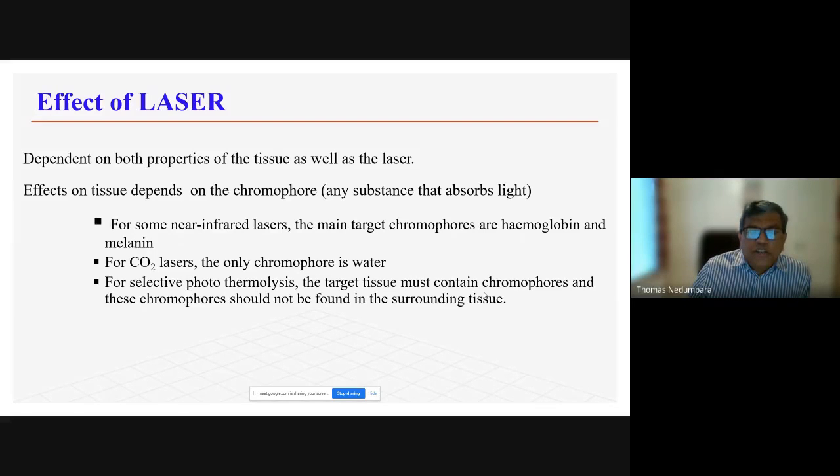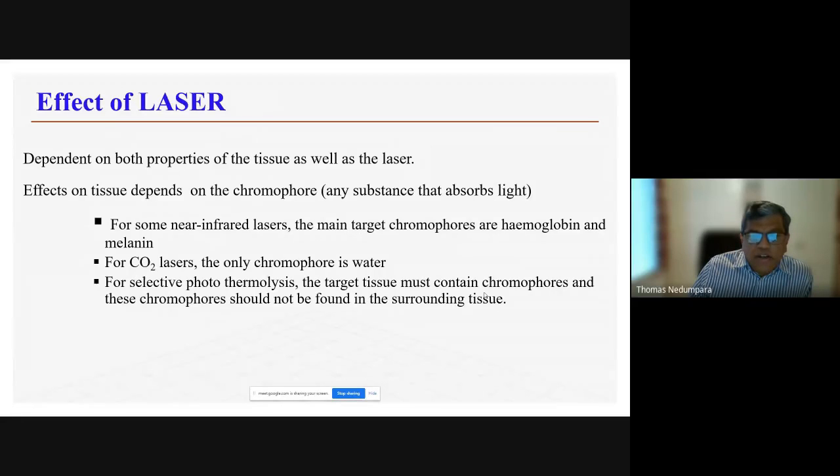The effect of laser on the tissue depends both on the tissue as well as on the type of laser used. The tissues absorb laser differently. For a laser, the chromophore is the tissue which absorbs that particular laser very well. For example, for near infrared lasers, the main target chromophores are hemoglobin in the blood vessels and melanin, which is a skin pigment.